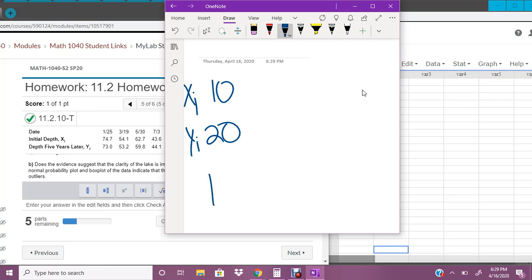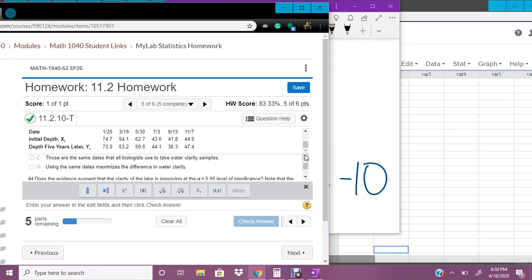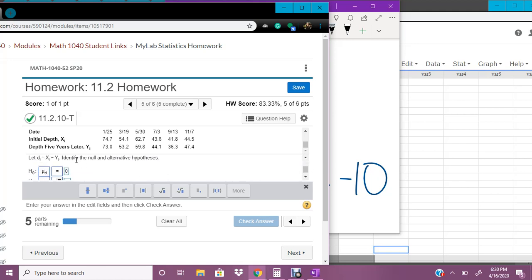And so if we do 10 minus 20, that equals negative 10, which is less than 0. I know it's tempting to think, oh, if it's improving, then it's going to be greater than 0, but we're talking about differences where we subtract the y from the x. It says right there. And so we're going to use the less than sign.